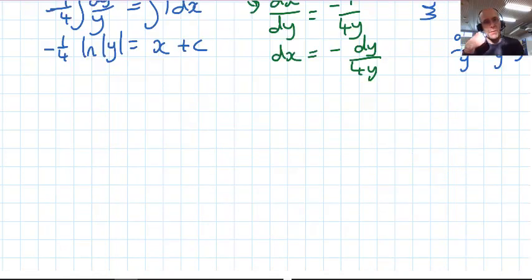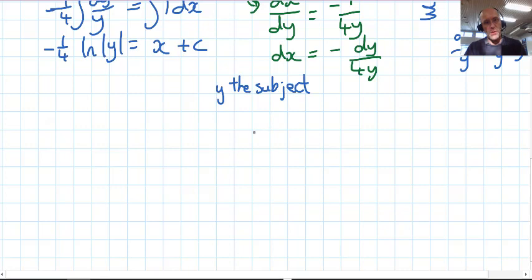So to get the solution to this, I want to make y the subject. That should make sense to you. y needs to be rearranged so that it's the subject, because that's the solution, an equation involving y and x if we're solving something that initially involves dy/dx. So we can multiply the right hand side by negative 4 to do that.